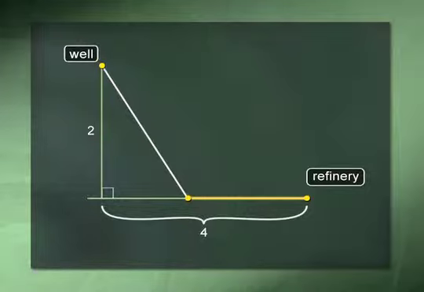And I chose to label x the distance between the perpendicular intersection point and where the pipe hits the land. And remember, 2 is the vertical distance from the well to the land. And if I label x that leg of the triangle, then 4 minus x is the rest of the distance.